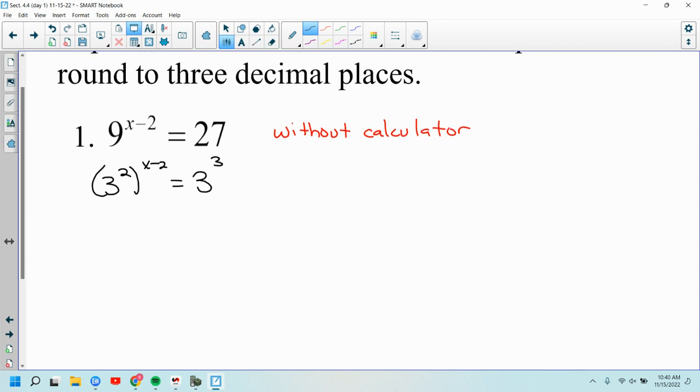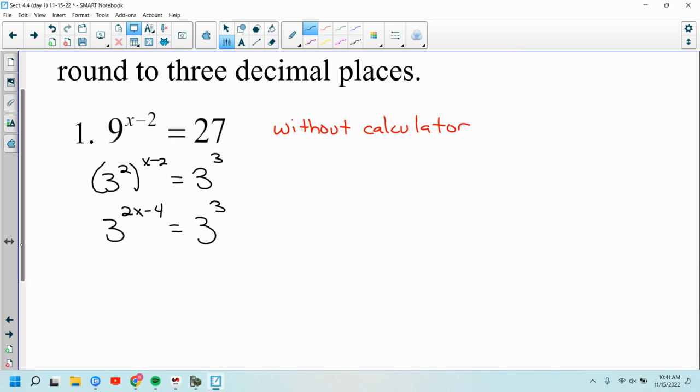All right, use your exponent rules. What do we do on that left-hand side with the 2 and the x minus 2? Yeah, multiply them. It's going to be like distributing. So it's going to be 3 to the 2x minus 4 equals 3 cubed.